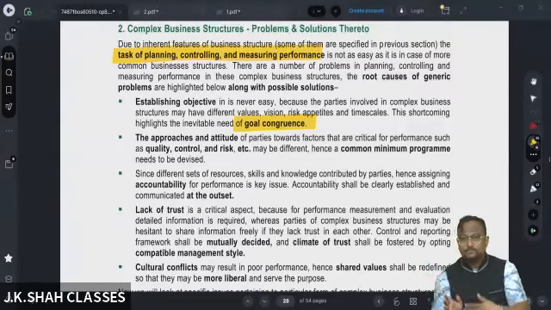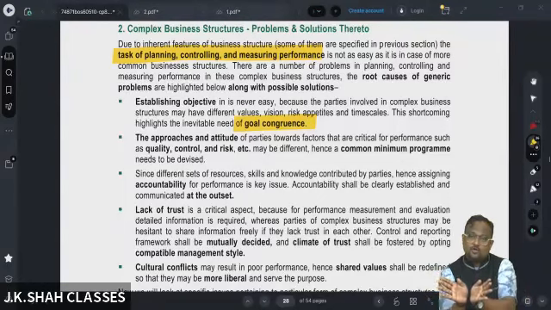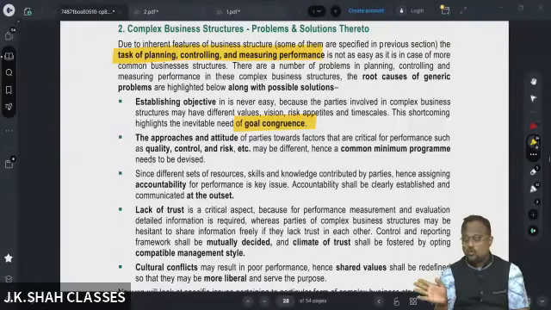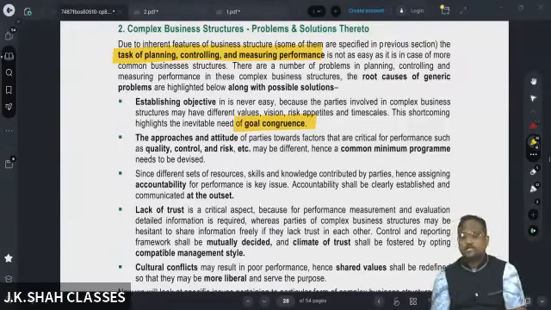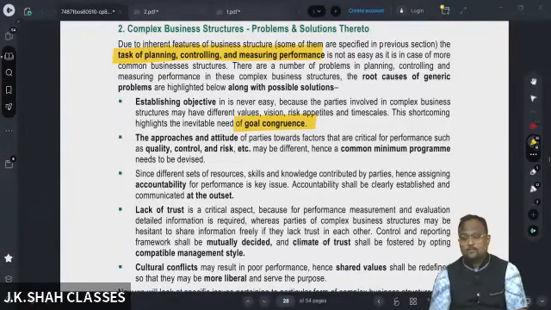Otherwise your organization has one goal and you have another goal, you will go in a different direction. That will create hindrance, obstacles in the growth of the organization. So goal congruence means all are working in the same direction. Which direction? Company's goal, company's betterment.